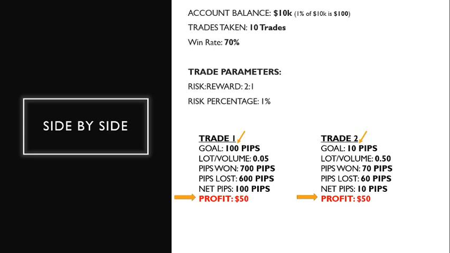Now, if your risk to reward, and we'll get to this, if your risk to reward was different, right, and you had a 20 pip drawdown on that 100 pip trade, and you were using the same lot size as you were using on the 10 pip trade, because 20 pips with a 0.5 lot size is still $100, but then you're able to get 100 pips 70% of the time, well, then that's $500, right?